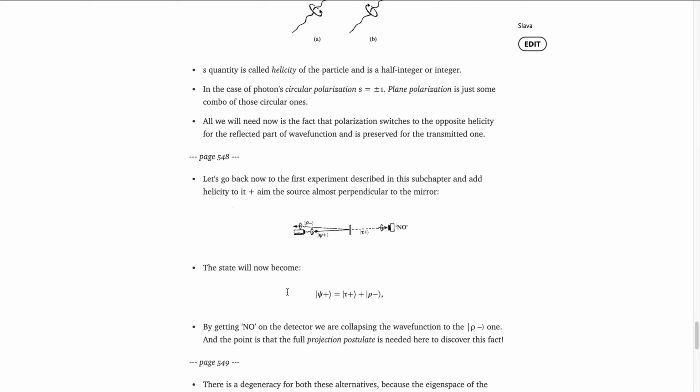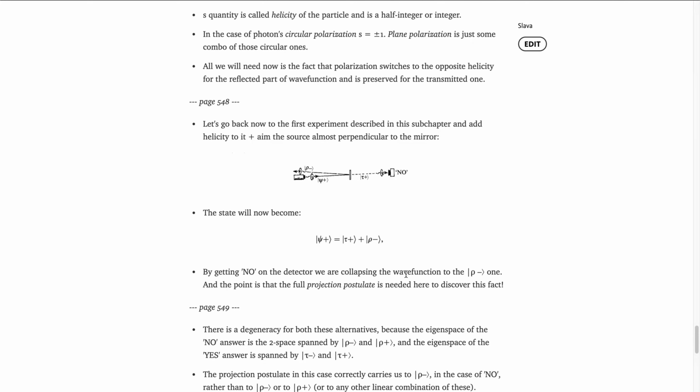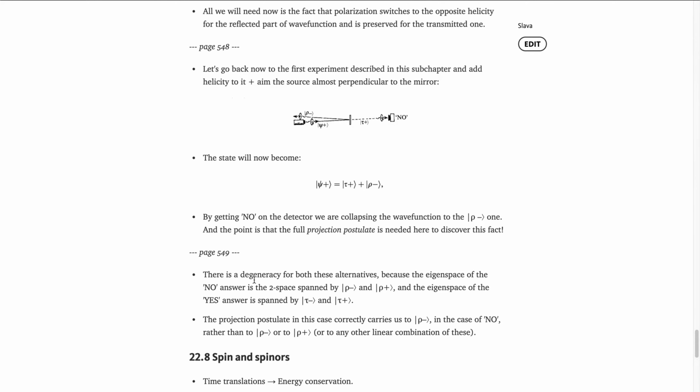And now by getting null on the detector, we are collapsing the wave function to the rho minus 1. And the point is that the full projection postulate is needed here to discover this fact. Because there is a degeneracy for both these alternatives: the eigenspace of no answer is the two-space spanned by rho minus and rho plus, and the eigenspace for the yes answer is spanned by tau minus and tau plus.